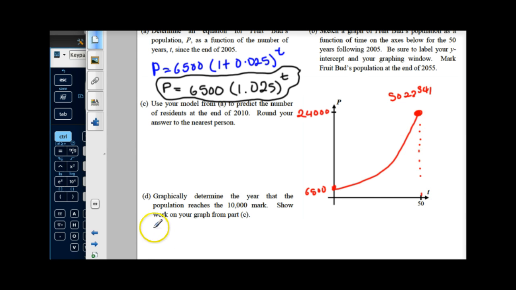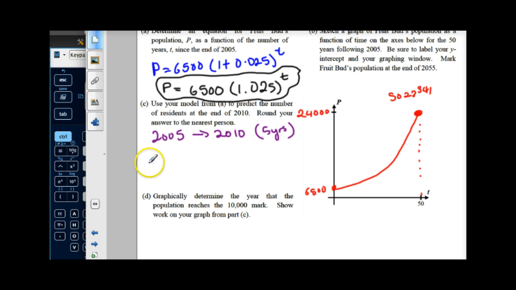It's that point. Now, C says use the model from your part A, which is here, to predict the population at the end of 2010. So I'm going to just write here, I started at 2005 and I want to go to 2010. How many years is this? This is actually 5 years.